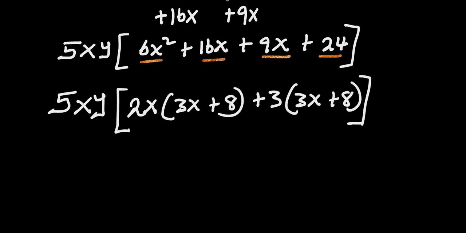Good. So within the block bracket, you can see that we have a common factor within the parentheses. So this can now be written as 5xy.